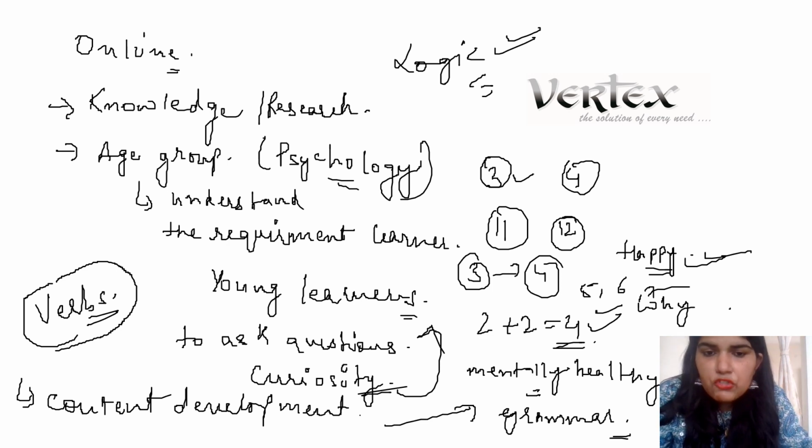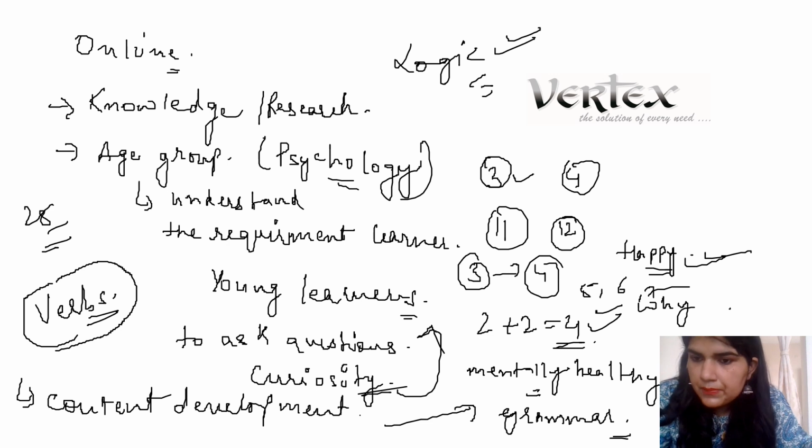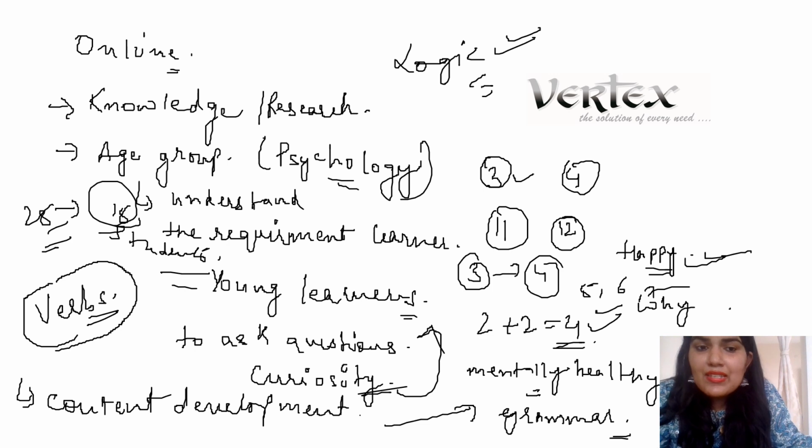So you need to address the curiosity of the learner. Don't lose your cool. Okay, I have to finish my lecture in 25 minutes, I have to address 15 students. What should I do? You need to do time management here.